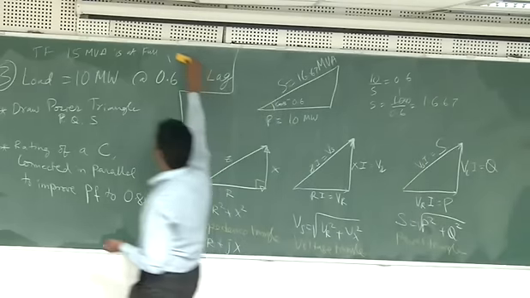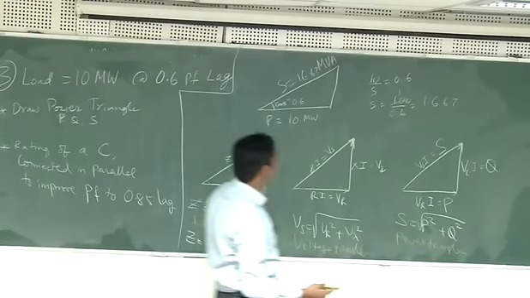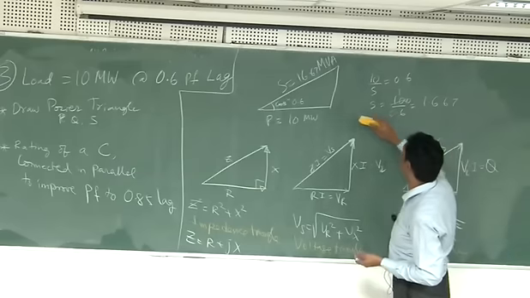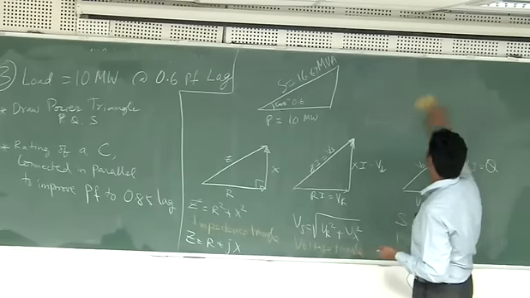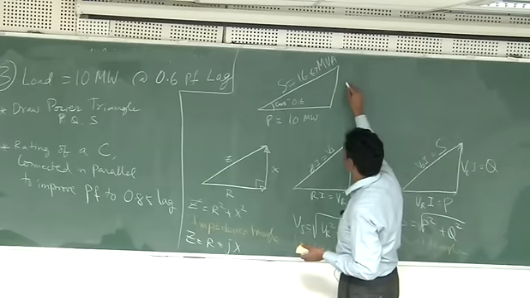Did you complete the problem? Okay. This is a big one now. How do you improve the power factor? So I think we need this value also. I think this will be 8.